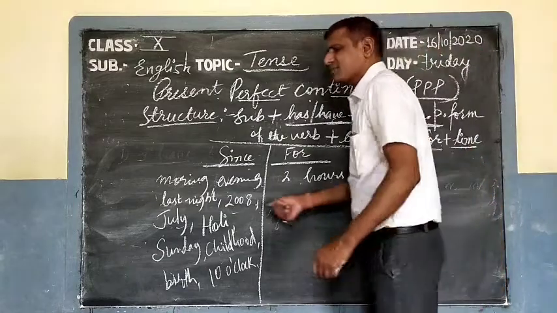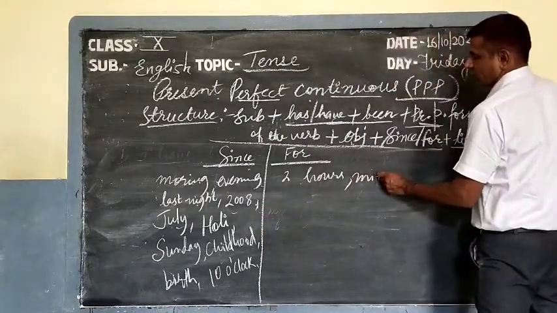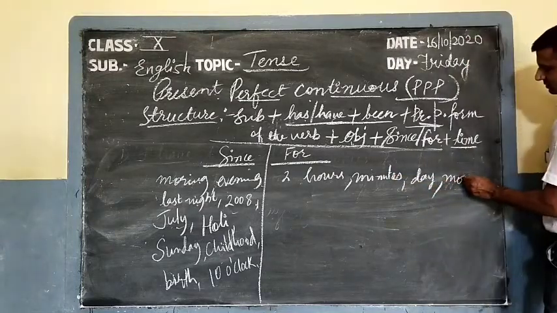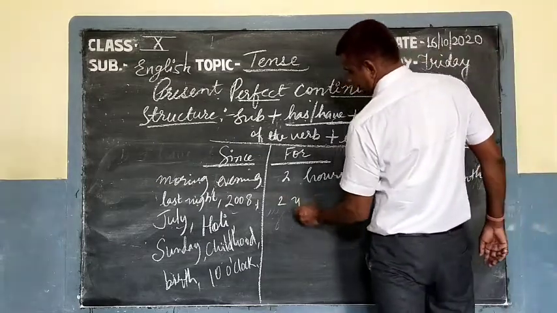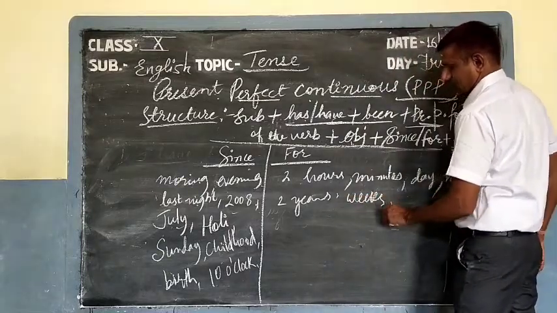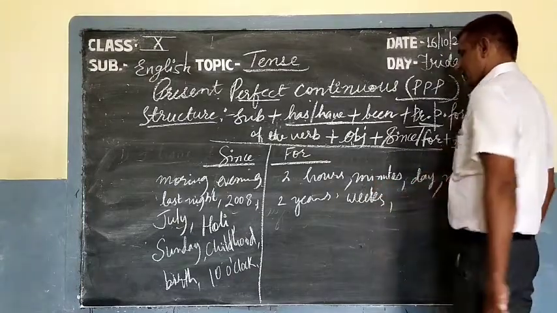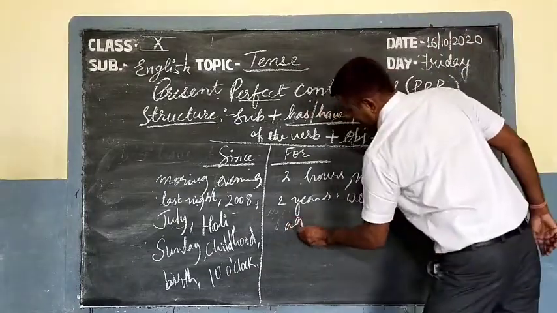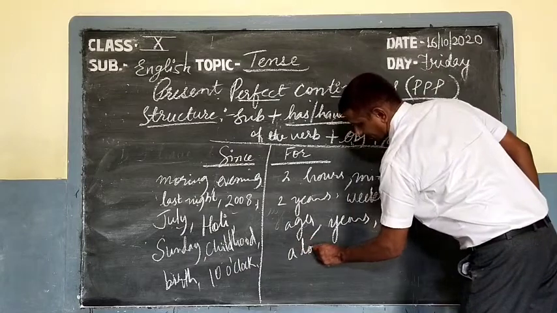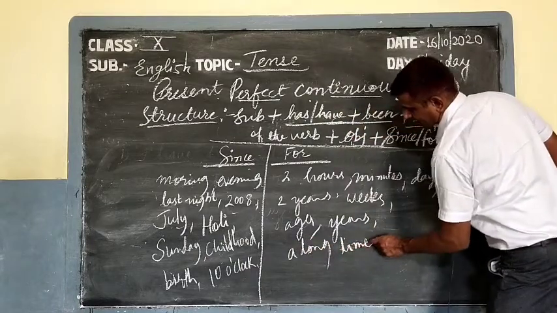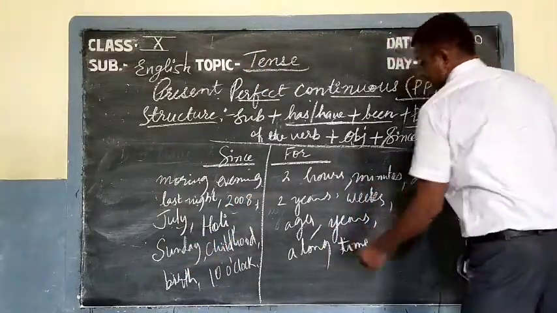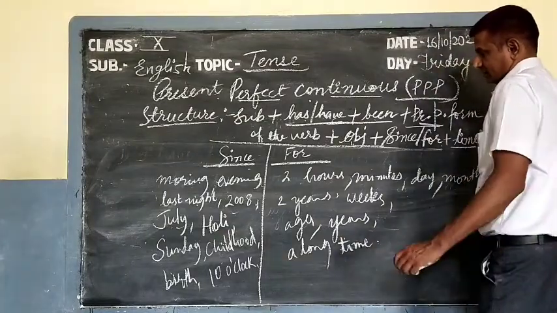Now for 2 hours: a period of time. The earlier ones were points of time. 2 hours, 2 minutes, 2 days, 2 months, 2 years, 2 weeks, and for ages, and sometimes for years, for a long time, for ages.